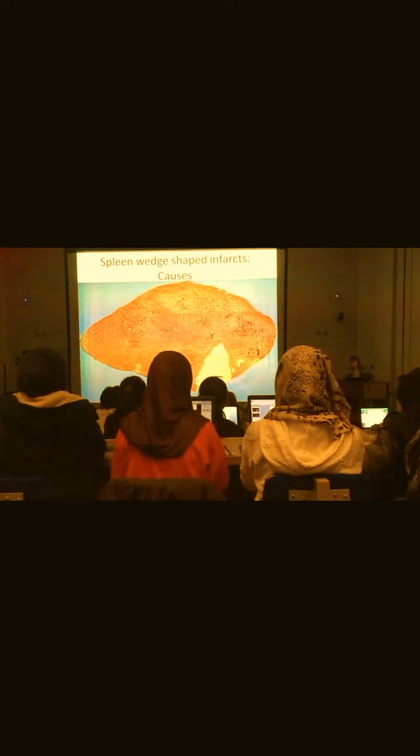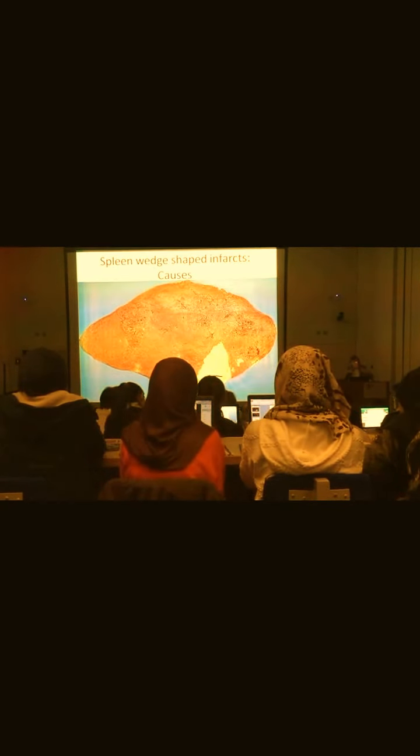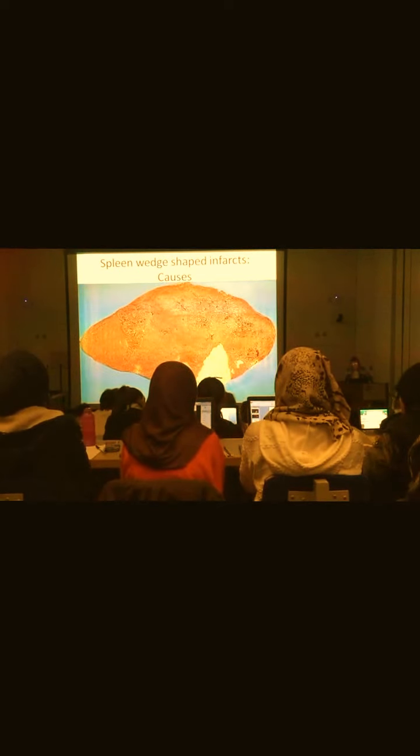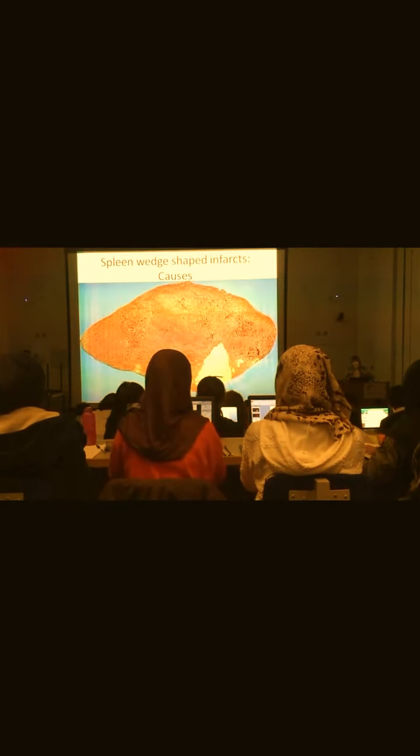In the lumen: hypercoagulable states, sickle cell anemia, leukemias, polycythemia rubra, thrombocytosis, etc. Vasculitis, embolus from the left side of the heart, infective endocarditis, rheumatic fever, etc. So you could put lots of questions to an image like that.